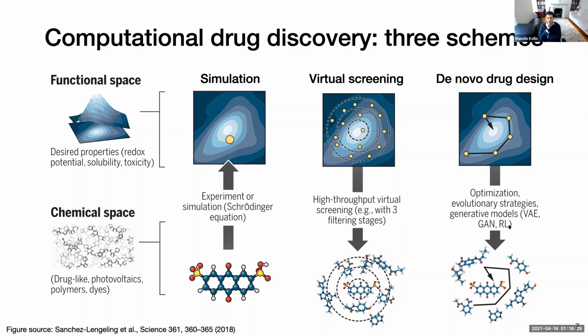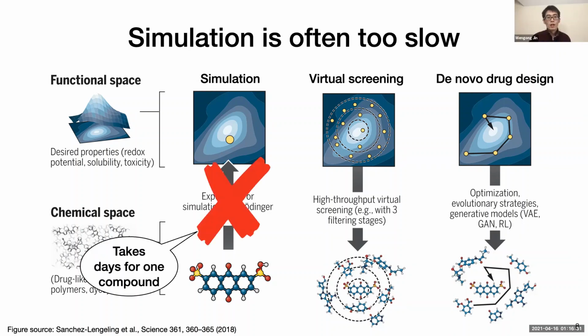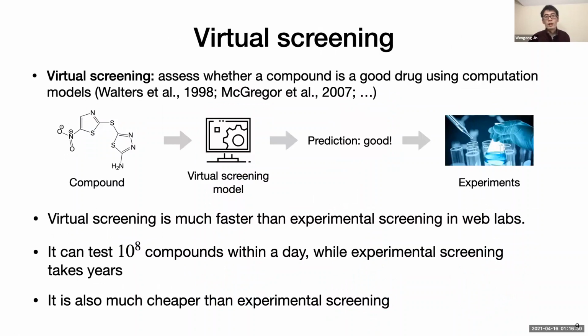Perfect. Thank you. Great. So obviously the simulation is often too slow, because if you want a really accurate simulation, it will take days for just one compound. So I will omit that in today's talk, and I will focus on the second and third approach.